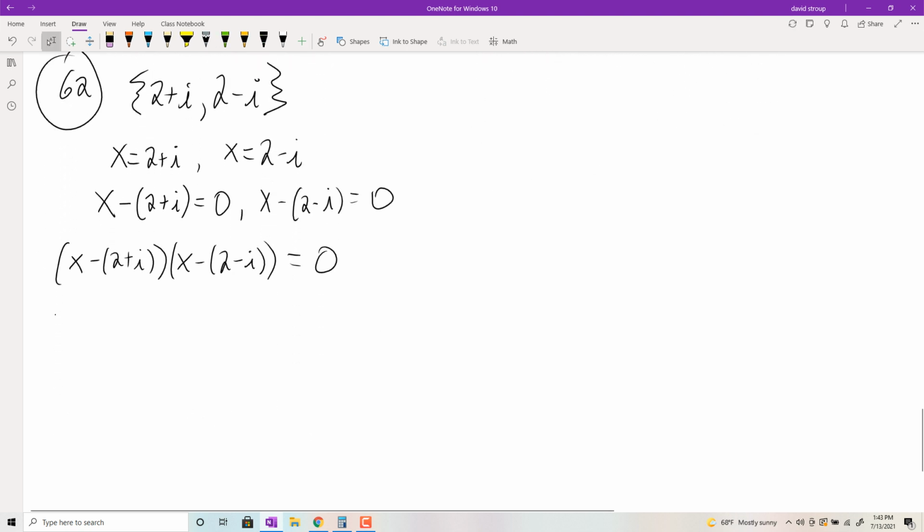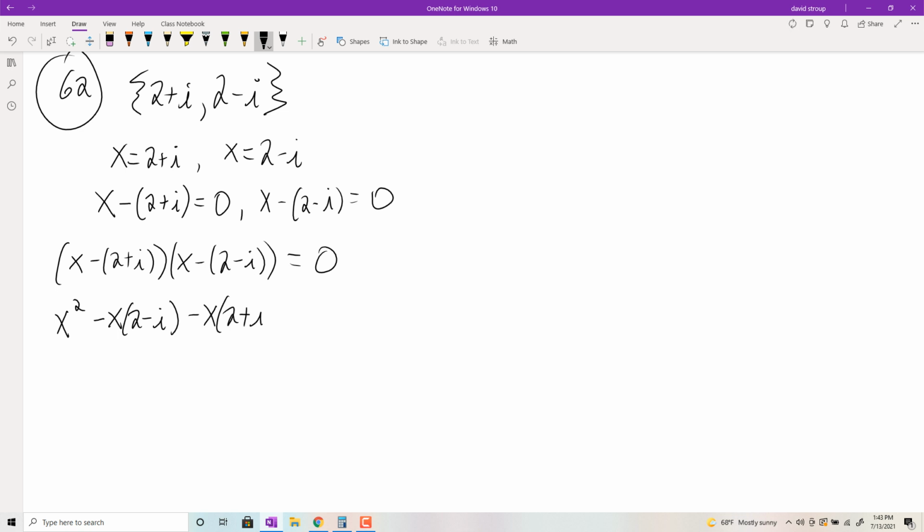So x times x is x squared. Then the outer, minus x times 2 minus i. The inner, minus x times 2 plus i. And then the last, plus 2 plus i times 2 minus i.